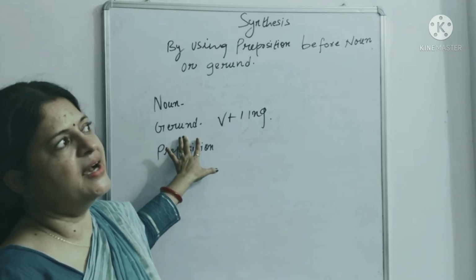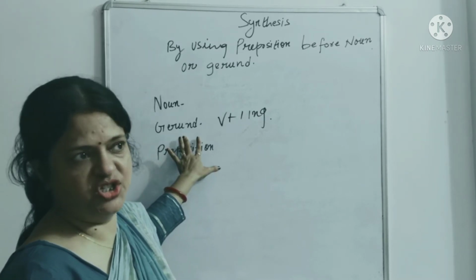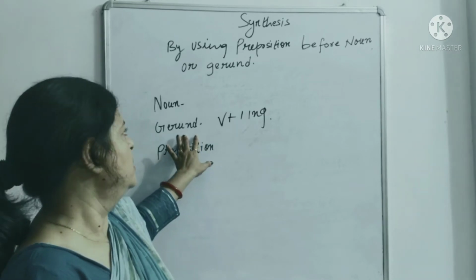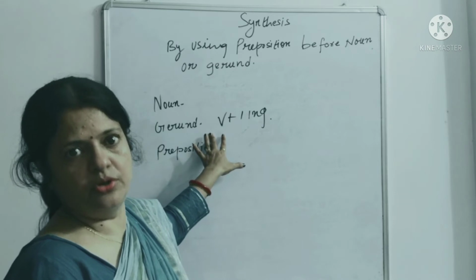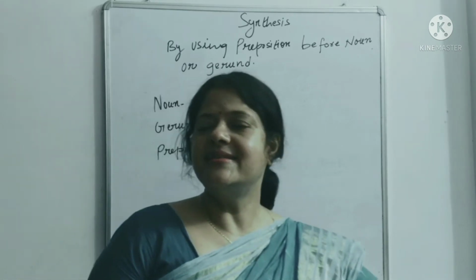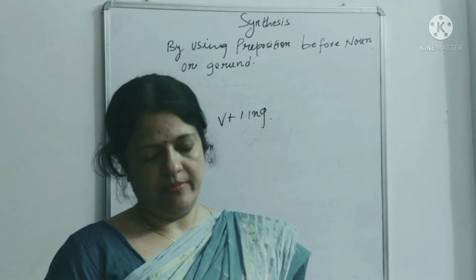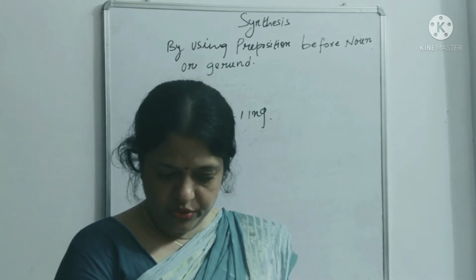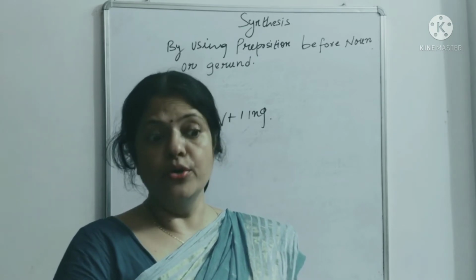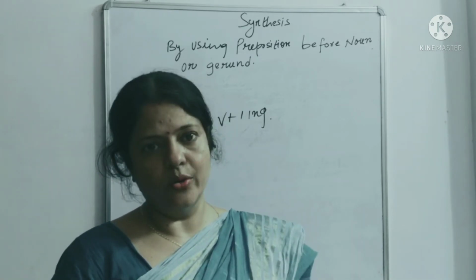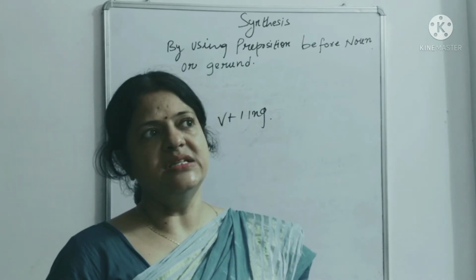Now, a gerund is a kind of noun, as I just told you, or it works as a noun. So you should know what the work of a noun is.